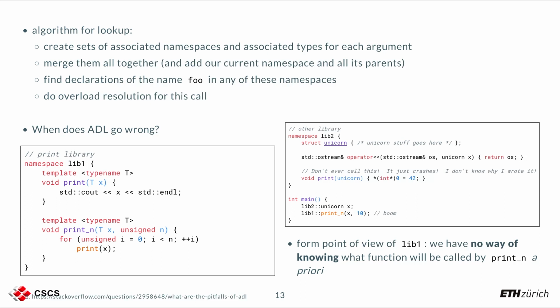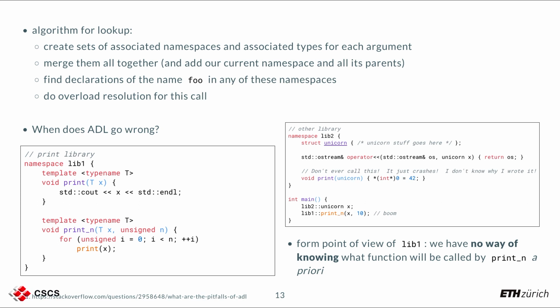And then we have another completely unrelated library 2, which has a class unicorn, and there's a stream operator defined on this unicorn, so we can actually use it for printing. And for some reason, the person who wrote lib2 found it useful to also declare a print function, which just does something stupid and crashes every time you call it.